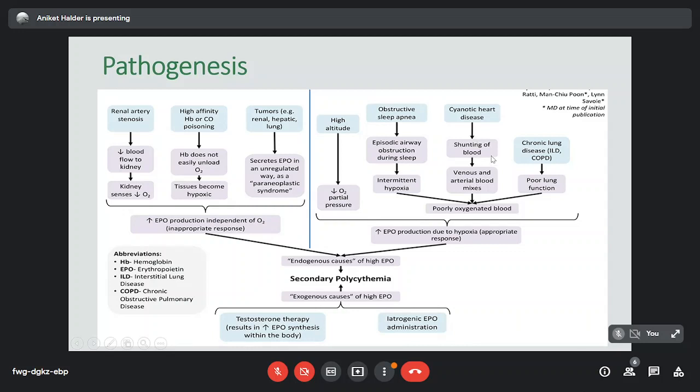Cyanotic heart diseases and right to left shunts may cause shunting of blood with venous and arterial blood mixing, resulting in poorly oxygenated blood and tissue hypoxia.